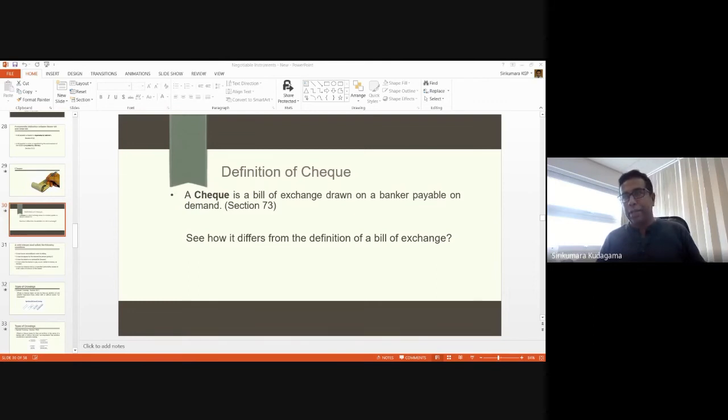Signed by a person giving it and requiring the person to whom it is addressed to pay on demand or at a fixed or determinable future time. What is the requirement here? In the case of a check, it is a bill of exchange drawn on a banker payable on demand. Now again, you will see a difference here. What is the difference?